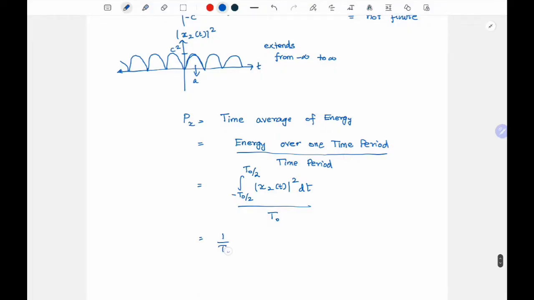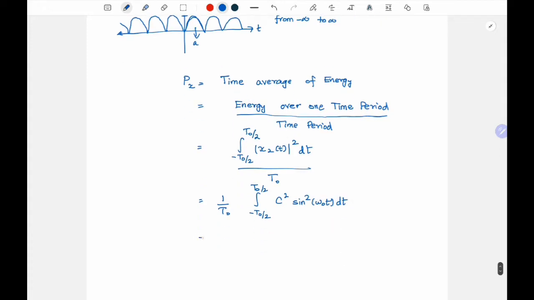So 1 by t naught integral from minus t naught by 2 to t naught by 2 of c square sine square omega naught t dt. So c square we can take out: c square by t naught integral from minus t naught by 2 to t naught by 2 of sine square omega naught t.